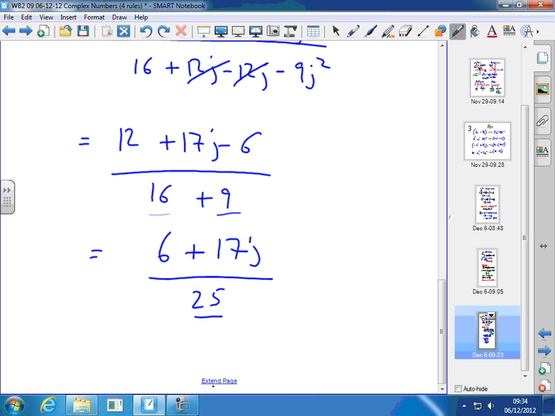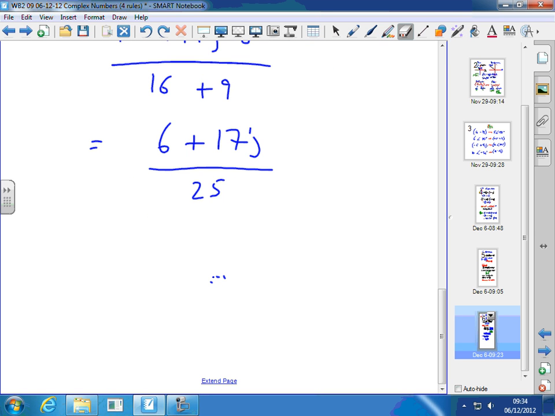Now, the reason why we try and get rid of the imaginary number underneath, now that we've only got one number at the bottom, we can actually split this fraction and call it 6 over 25 plus 17j over 25. And if we work out what they are, we've got the answer.